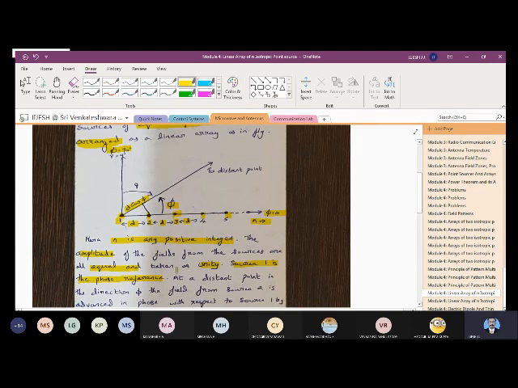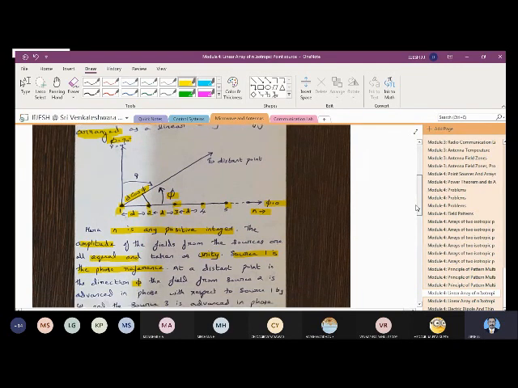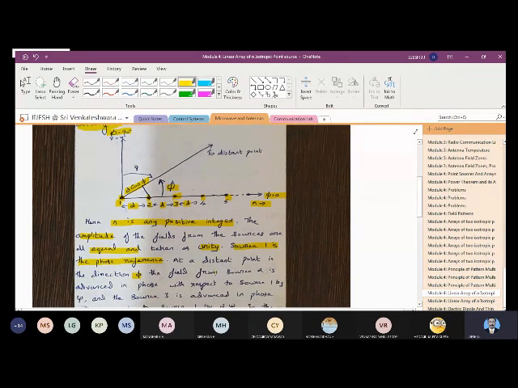At a distant point in the direction of phi, the field from source 2 is advanced in phase. What we have to understand is that source 1 is taken as the reference phase, and then you are going to see with respect to source 2, source 3, source 4 and all.